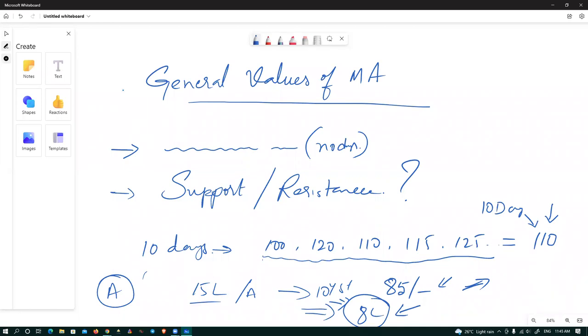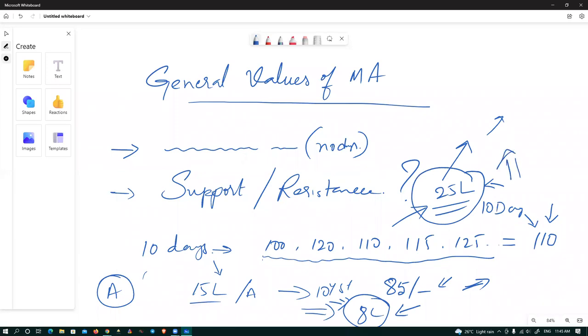Suppose his earlier 10 years package was 15 lakh, and recently he is working for 25 lakh this year. What is your interpretation? Definitely his performance is good, hence the good companies are hiring him and paying higher salaries. So definitely your interpretation is the performance is good here.